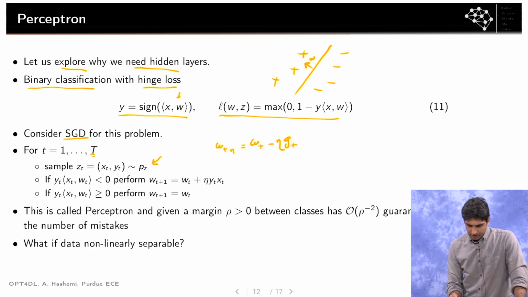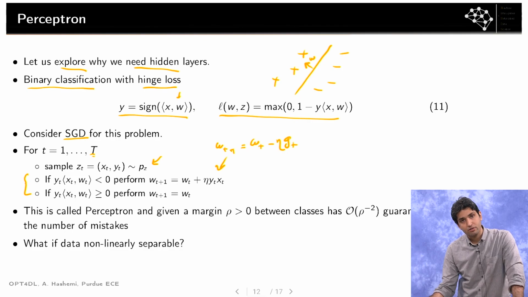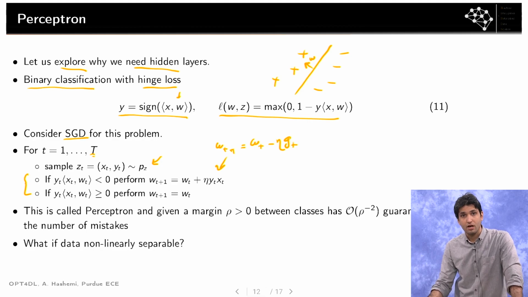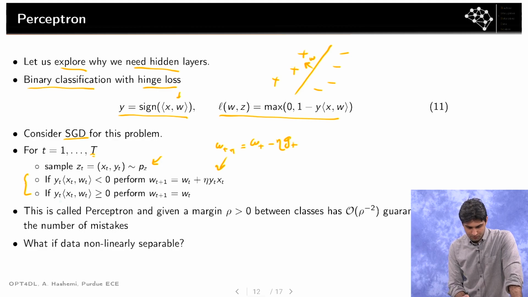Now it turns out that the gradient of this function is given by these two lines. These two lines are essentially my SGD update, where I look to see whether my current solution is making a mistake on the current data or not. If my current solution is not making a mistake, I'm not going to update my parameter. But if it is making a mistake, I'm going to update my parameter.